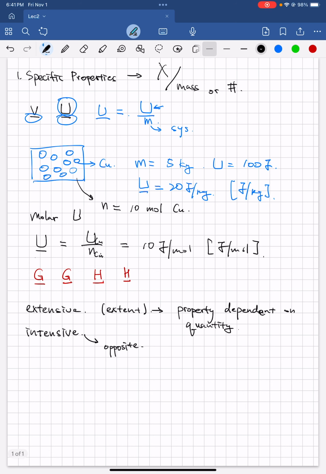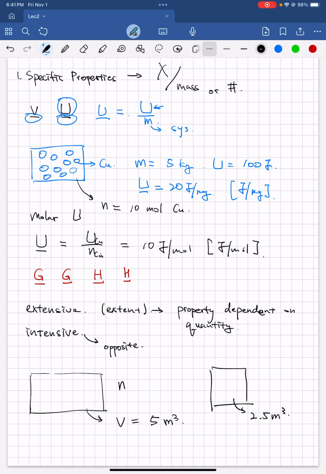So let's say there's this system and it has a volume of 5 cubic meter, and this system has a volume of 2.5 cubic meter. It's both copper system, right? So this one has 8 mole of copper. This one has 4 mole.